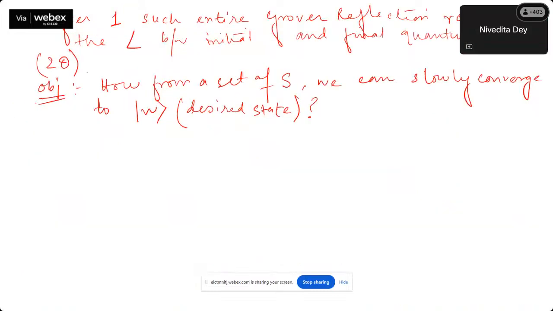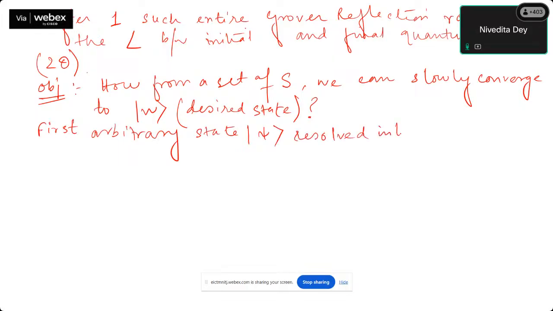So that means the first arbitrary state psi is resolved into this and this.